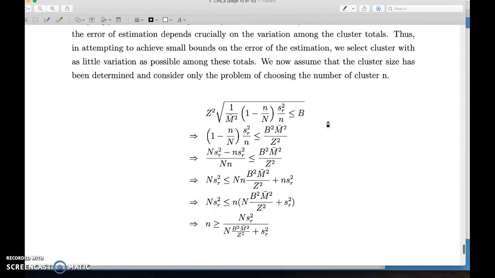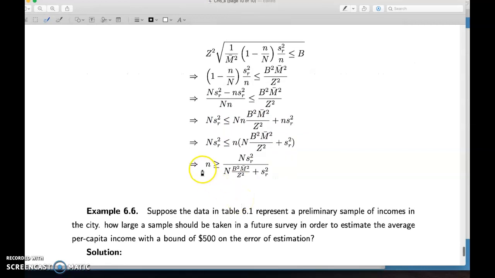Okay, so just like how we did in the previous chapters, we want the standard error multiplied by the critical value to be less than or equal to the bound of error. If that's the case, again, we simplify that.